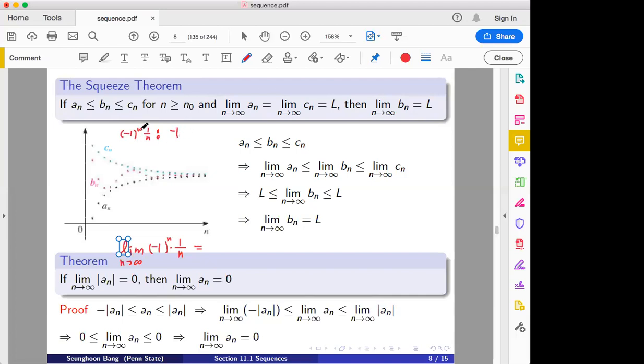What's the second term? Plug 2 into n: negative 1 squared times 1 over 2 is 1 over 2. The third term is negative 1 over 3. The fourth term is 1 over 4, and so on. You can sketch the graph to see what happens. So the graph is like this.